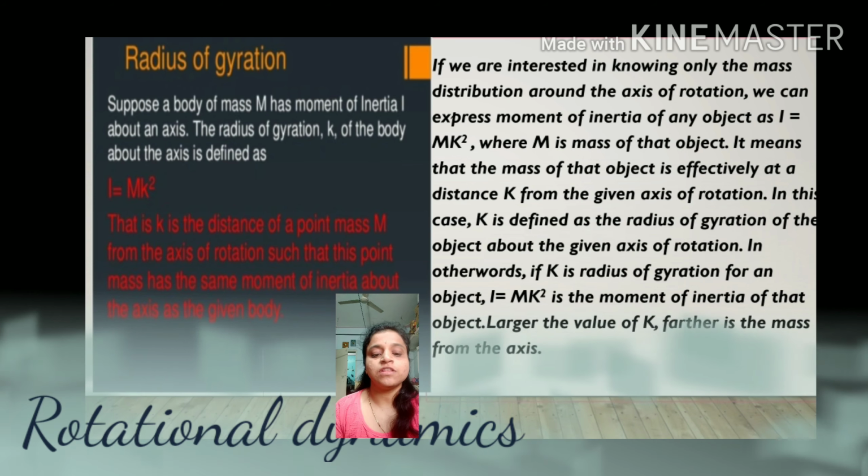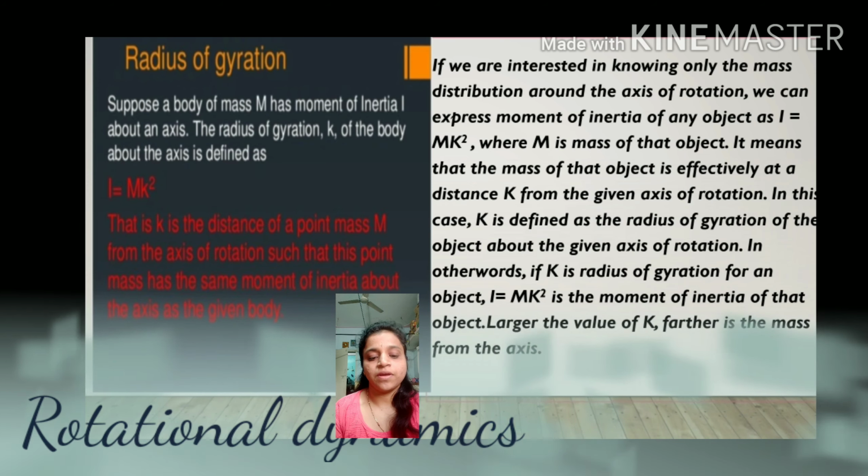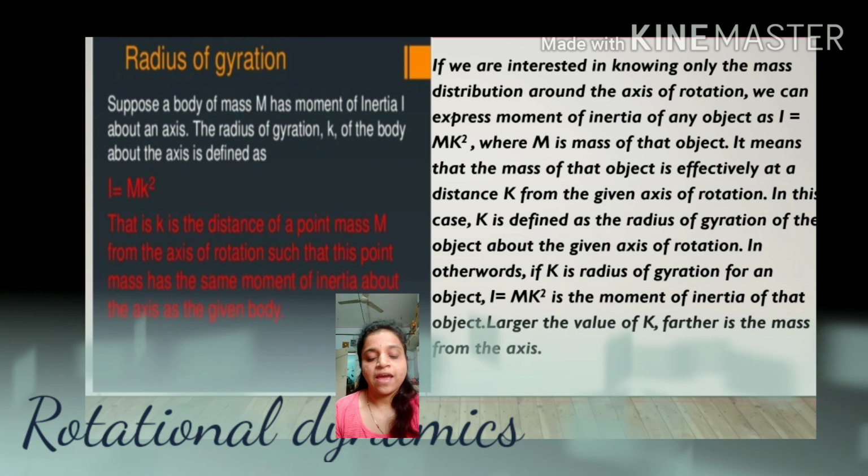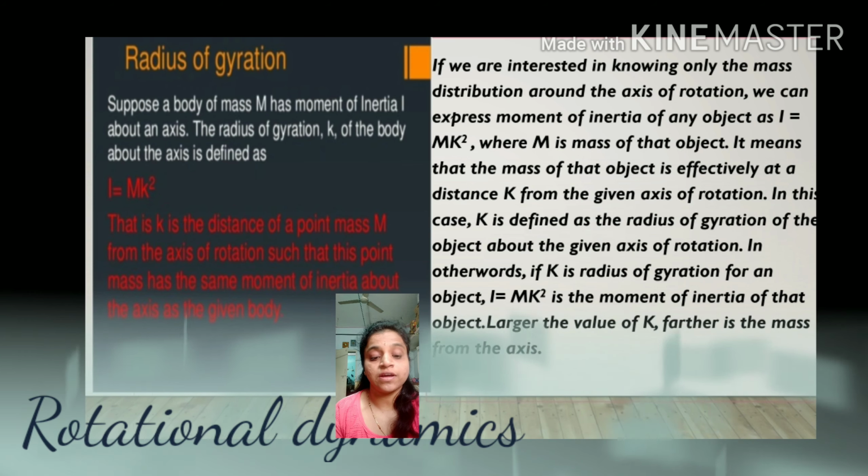In other words, if k is the radius of gyration of an object, I is equal to mk square. Previously we have seen that if the moment of inertia is mk square, the radius of gyration is k. And now in other words, if the radius of gyration is k, then the moment of inertia I is equal to mk square.